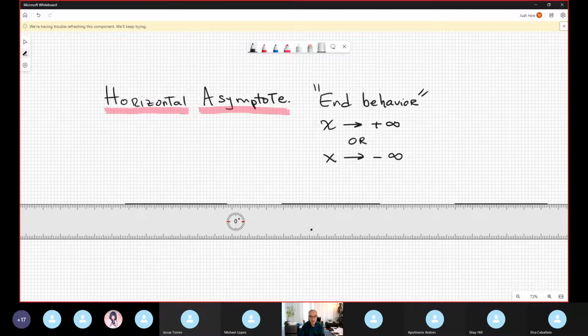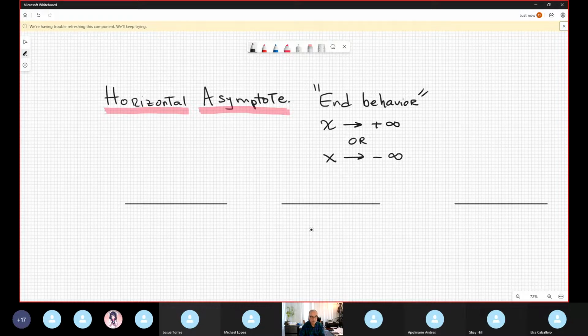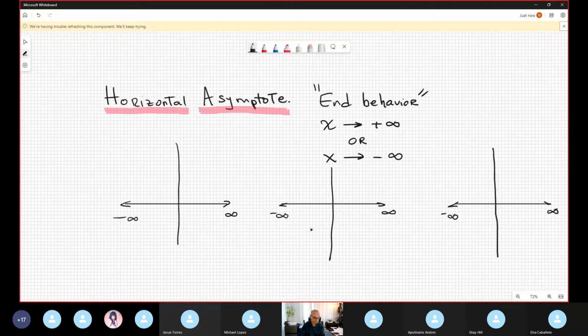Okay, so we have this, which represents the whole real number line: positive infinity, negative infinity. This is the y-axis. I do different graphs because they are different behaviors, but not too different.